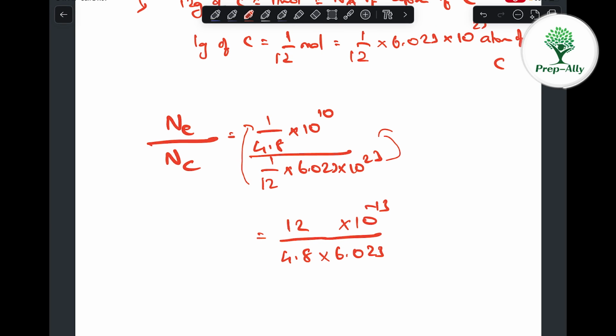What is 12 by 4.8? That you already know, right? Like 12th table, 1 and 12, 24, 4 times, so 0.4 you can write.